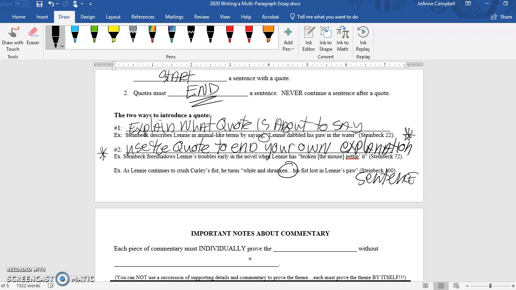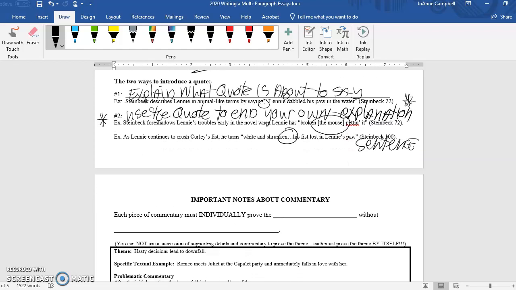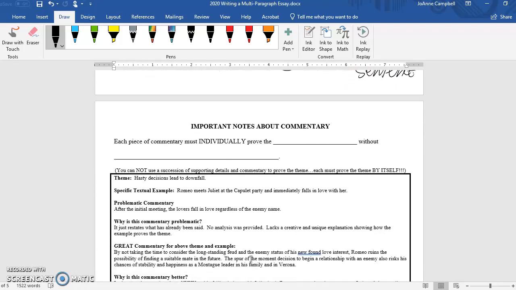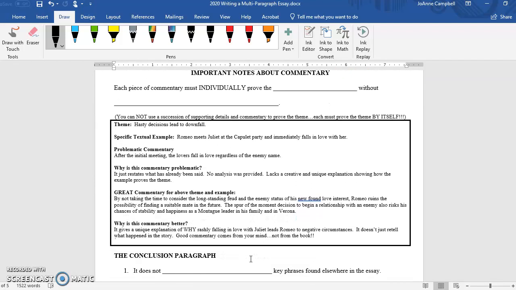And again, the ellipses indicating that we've left something out, which you could do, and the brackets indicating we've changed the wording a little bit in the quote, which again, you could do. So change anything in order for it to fit the functioning of your sentence. Commentary.